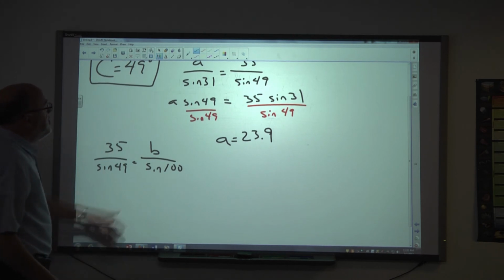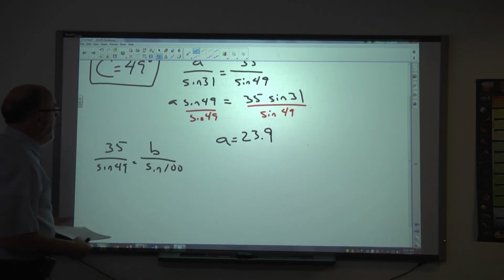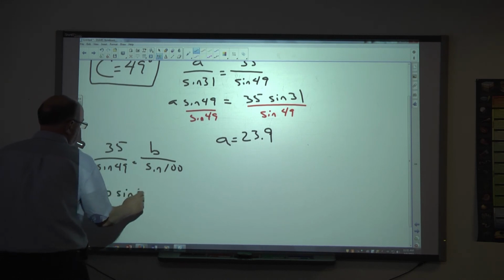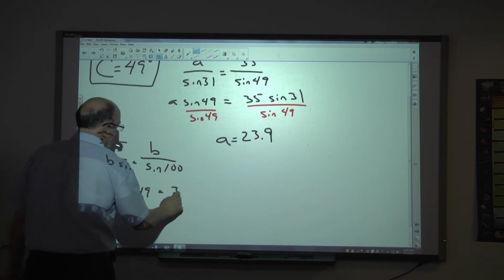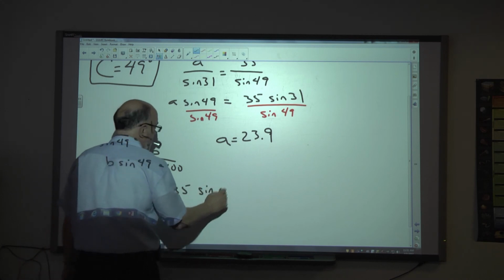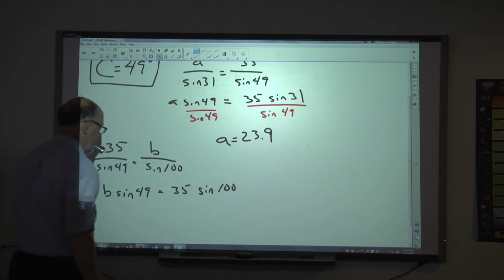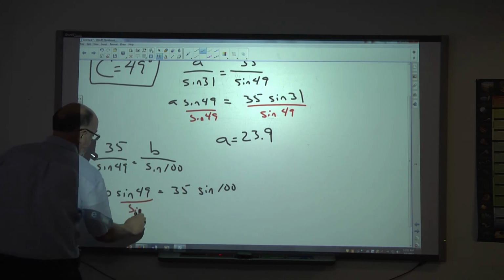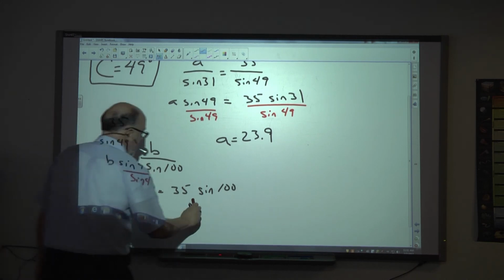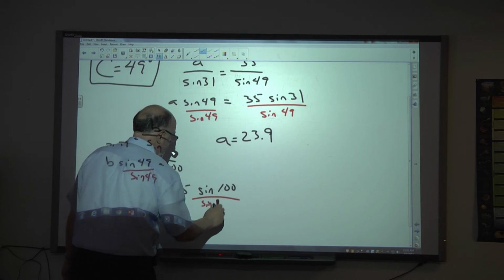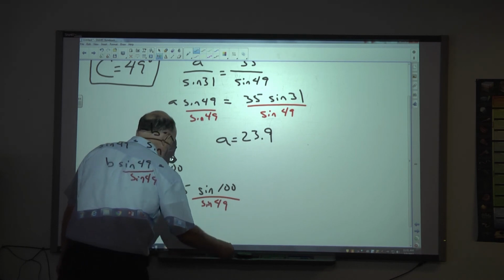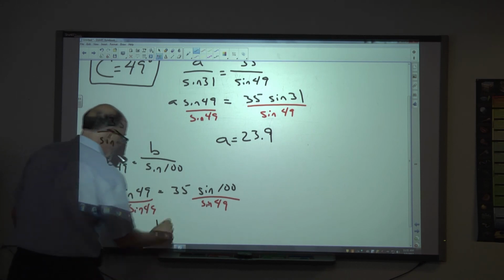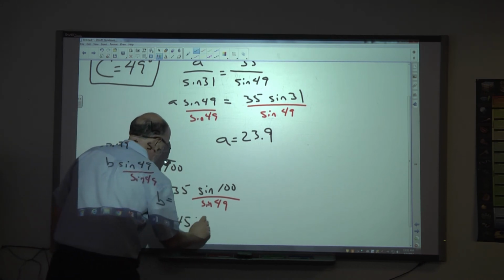We're going to solve this the same way we just solved the last one. So we have b times the sine of 49 equals 35 times the sine of 100. And again, divide by the sine of 49, and we end up that side b is going to be 45.7.